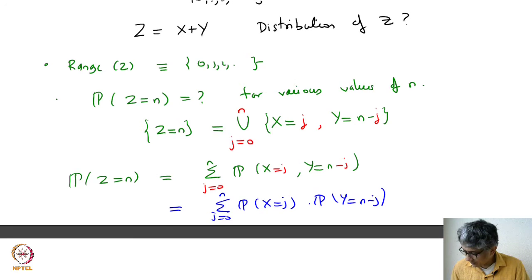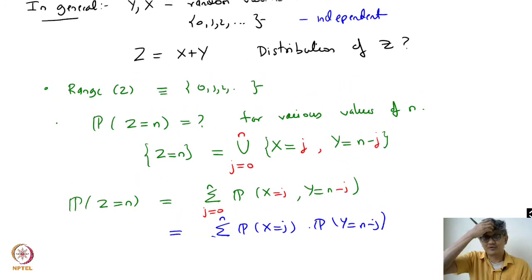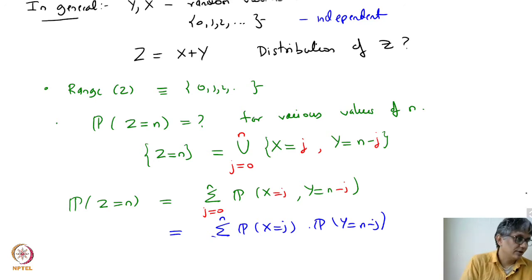So this would be one comprehensive way of understanding the distribution of z. So if you have two random variables that took values in the space 0, 1, 2, all the way up to n, and they were independent, this is one prescription of finding the distribution of z.